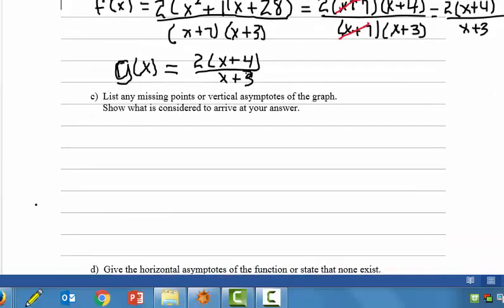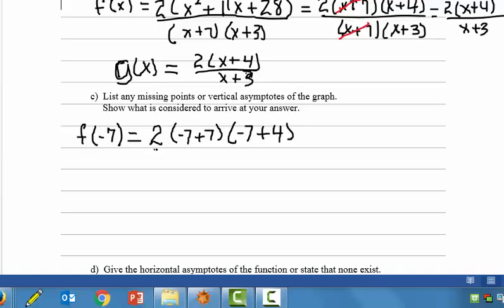Okay, and we want to list any missing points for the function. So we're going to do that by evaluating the function at negative 7 and negative 3, since those were the values that made the denominator 0. We have to make sure we use the original function here. So I'm going to use this factored form, 2 times (x plus 7), replacing x with negative 7, times (x plus 4), replacing x with negative 7 is negative 7 plus 4, over, and I know these values that I'm testing make the denominator 0.